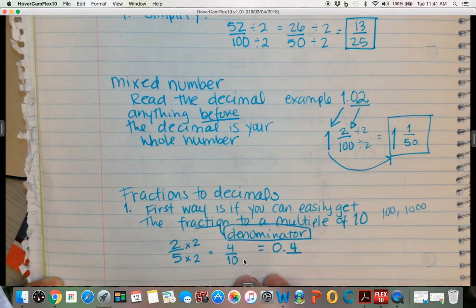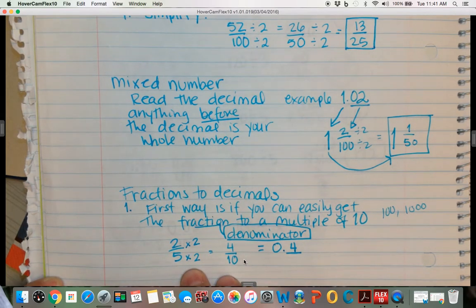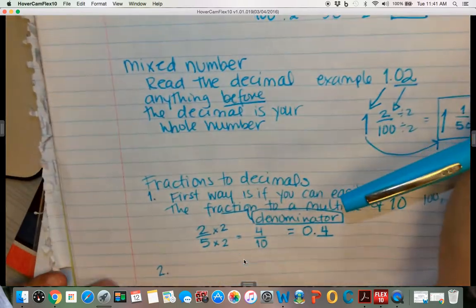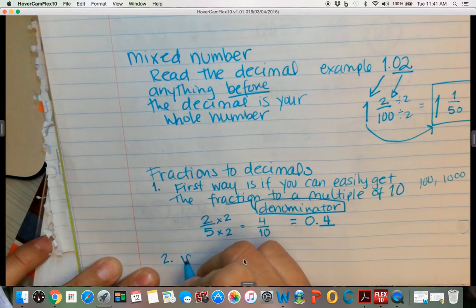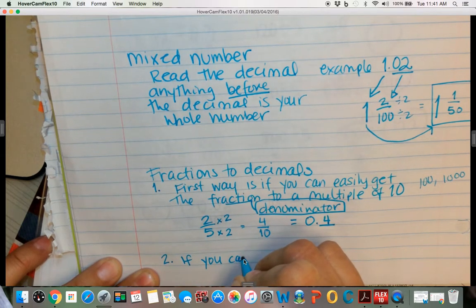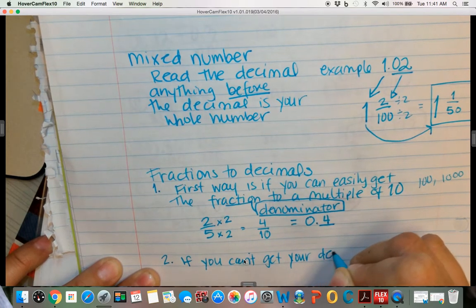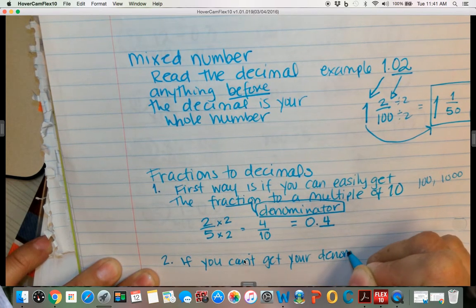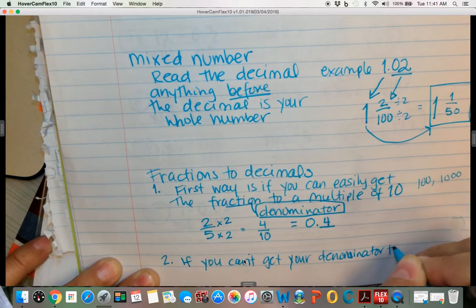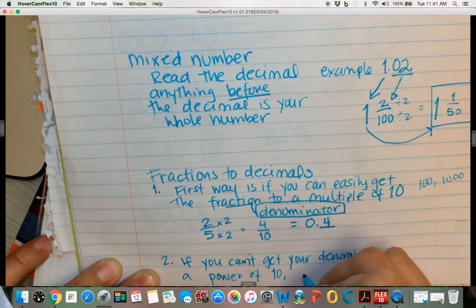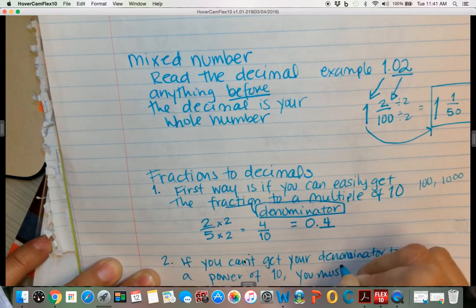Now, if that is not the case, then we must divide. Okay? So if you can't get your denominator to a power of 10, you must divide.